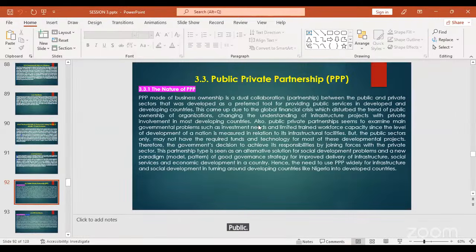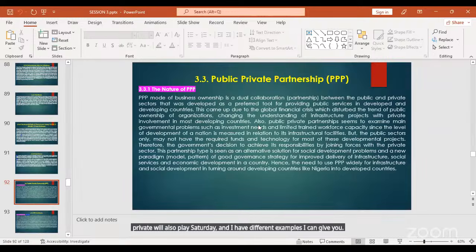Public-private partnership is an arrangement whereby a certain business or certain line of business is jointly owned by both private individuals and government. Government will play certain parts, private will also play certain parts, and I have different examples I can give you.